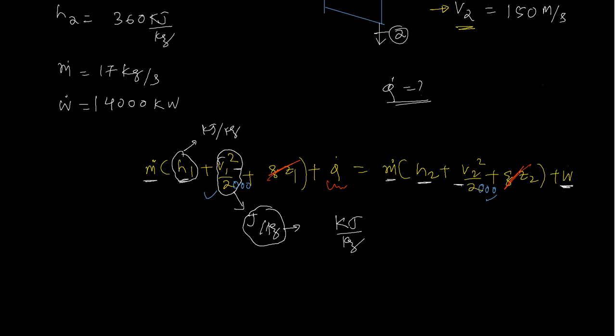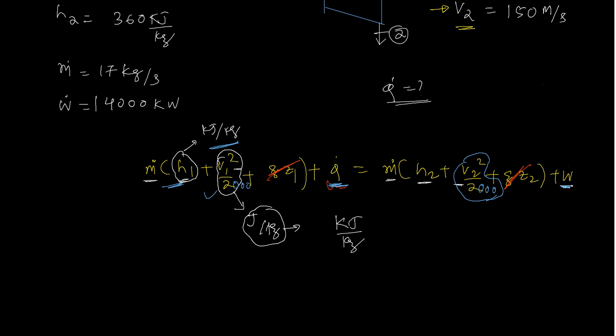As the H1 term is in kilojoule per kg, and here also this heat transfer we have to find out in terms of kilowatt, and this work data which is given to us is in terms of kilowatt also. So we need to convert this kinetic energy term in terms of kilojoule per kg. Okay, that's why we have to multiply the denominator of this kinetic energy term by 1000, right?